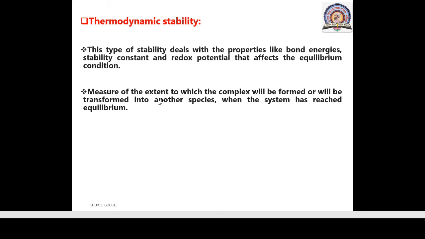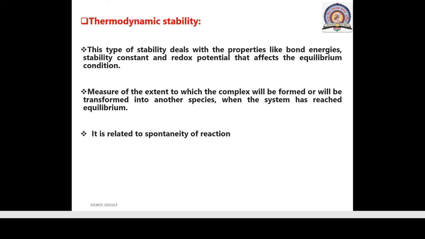It is a measure of the extent to which the complex will be formed or will be transformed into another species when the system has reached equilibrium. It is related to the spontaneity of reaction.